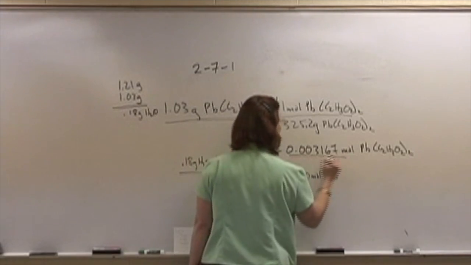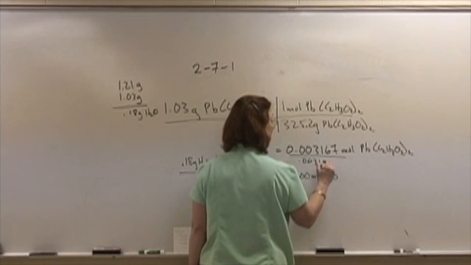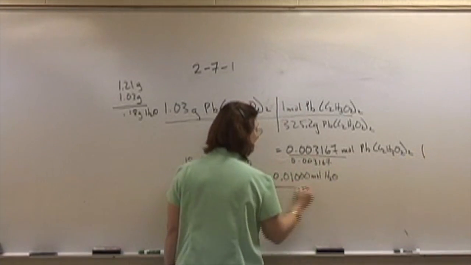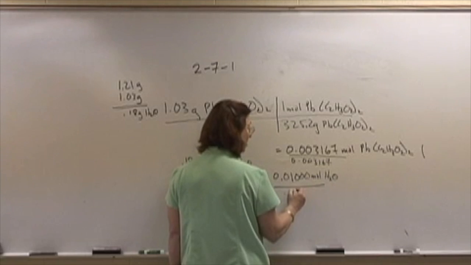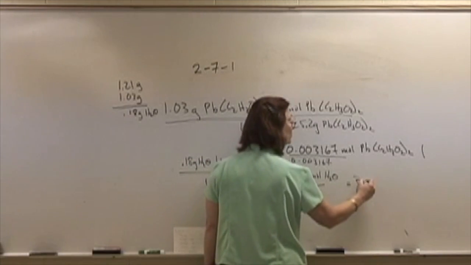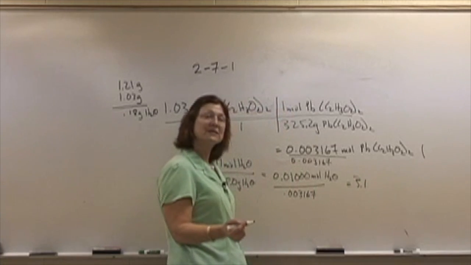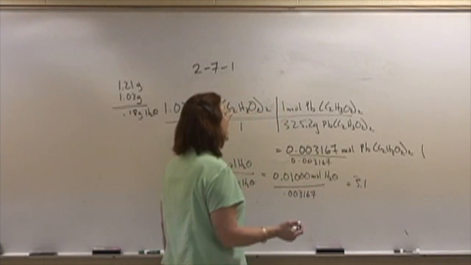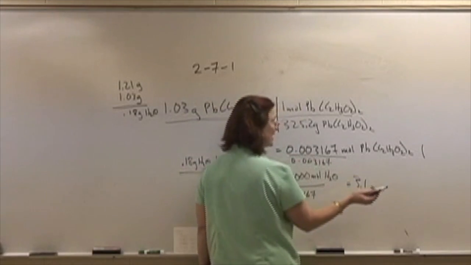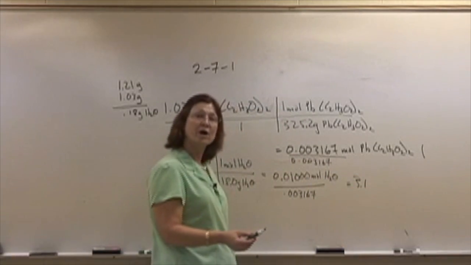And when I divide this number by itself, I get 1. And when I divide this number by the smallest, I get 3.1, and that's close enough for us, as long as it's within a tenth. And therefore, the ratio is 1 lead-2 acetate to 3 waters.